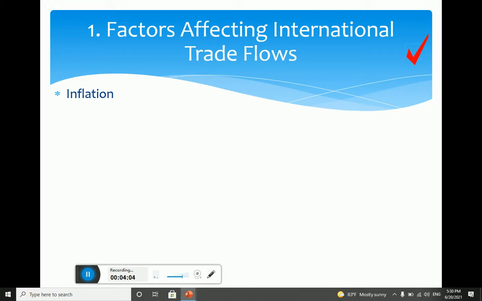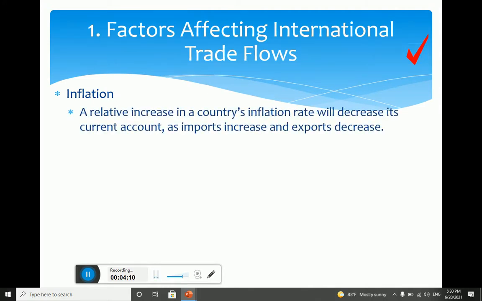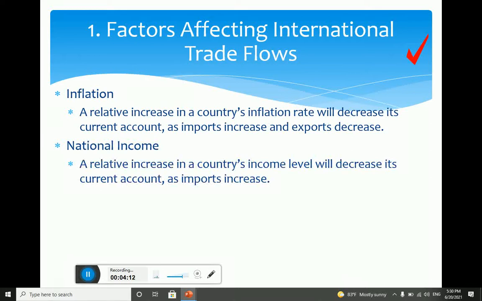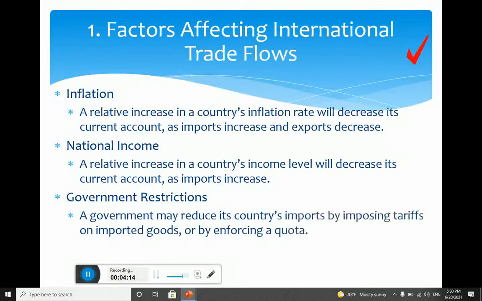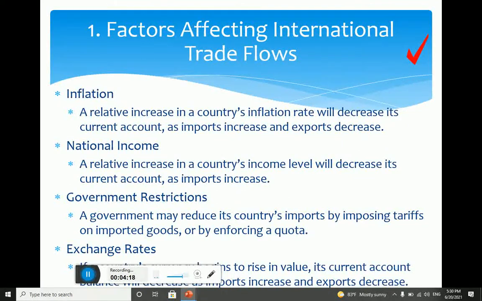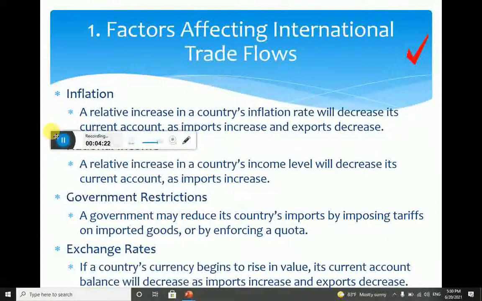International trade means export or import of goods and services. The first factor which affects it is inflation. Number two, national income. Number three, restrictions by the government. And number four is the exchange rates. So let's discuss them one by one.